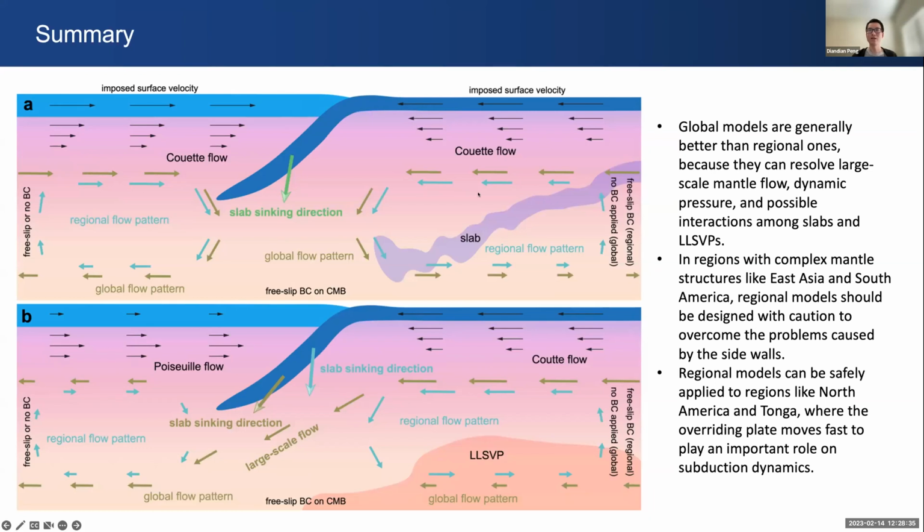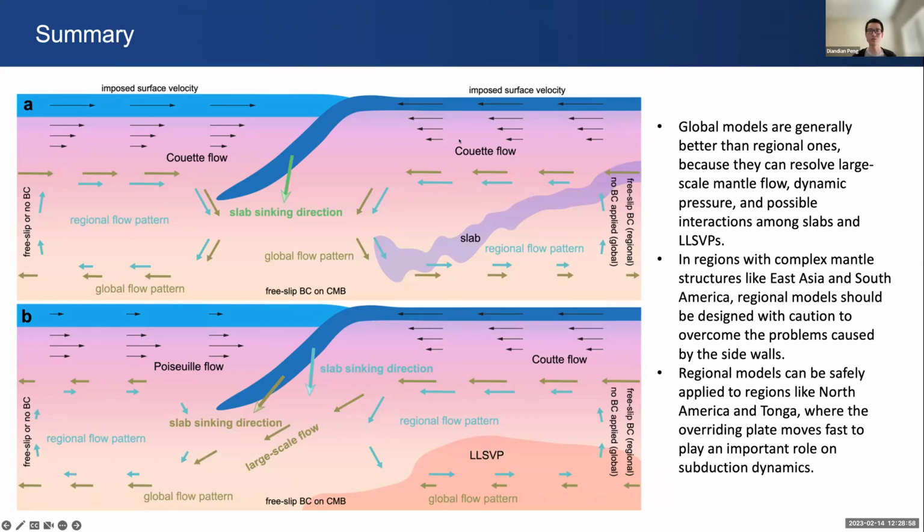And they are unaffected by, like, the interaction between the subducting slab with other slabs or LLSVPs. These two factors are pretty large scale, and they require a very large model domain to be considered.